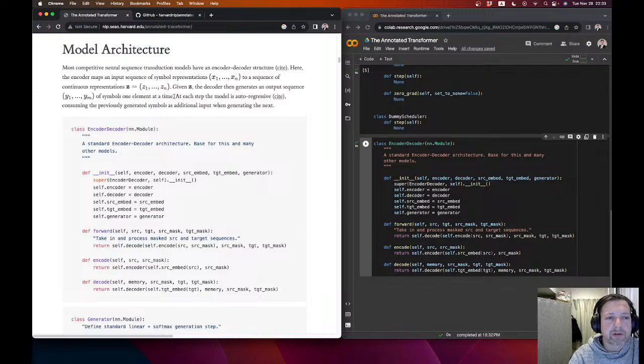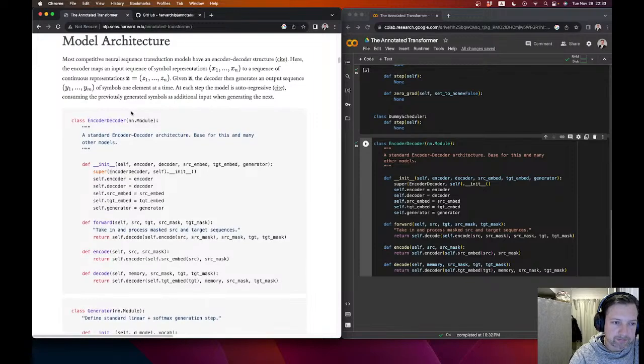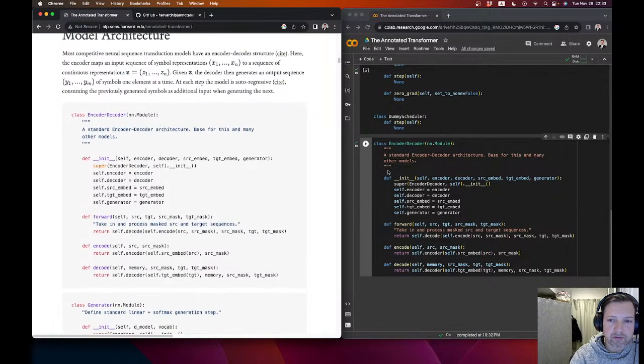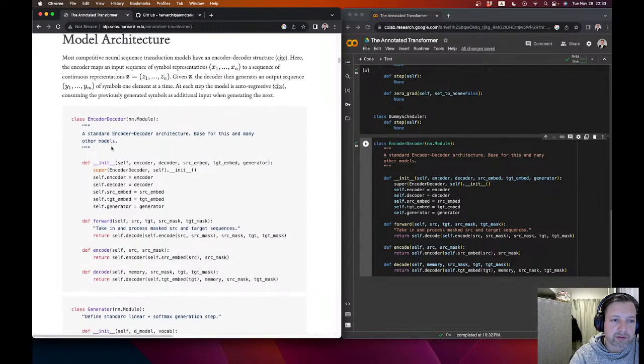Yeah, okay, and it does this sequentially when generating the output. Okay, so this is the base decoder architecture for many other models.